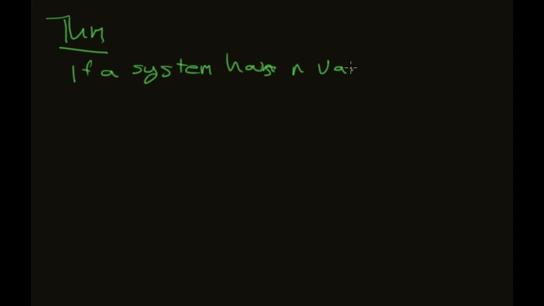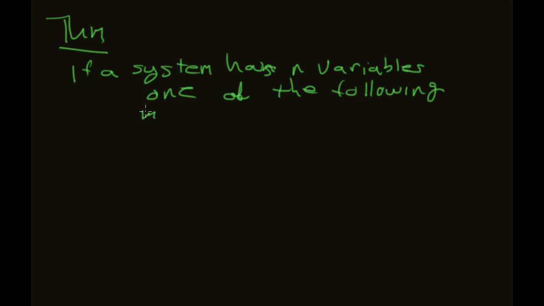This brings us to a theorem. If a system has n variables, one of the following must be true.